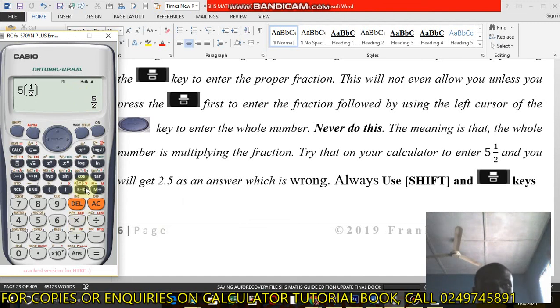So 5/2, when you press the SD, instead of the right answer, which was 5.5, you are now getting 2.5.